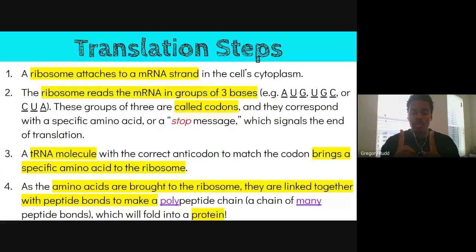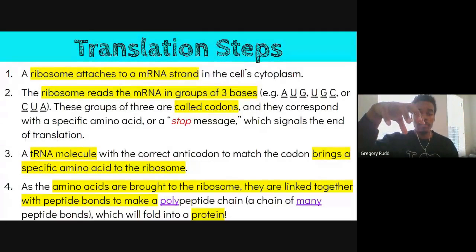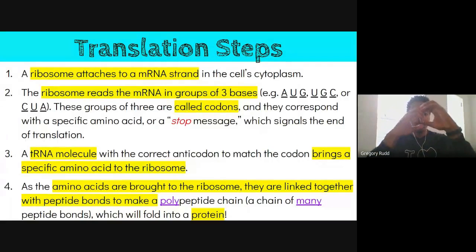And then as those codons are read, there's a tRNA, a transfer molecule, that will bring an amino acid to the ribosome based on the codon that's there. So each codon is going to code for a specific amino acid, and that amino acid gets brought to the ribosome by a tRNA. And then the last step is that the ribosome will start to link those amino acids together to start making a polypeptide chain.